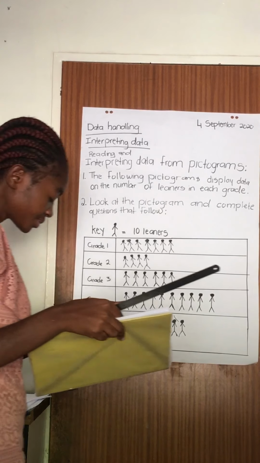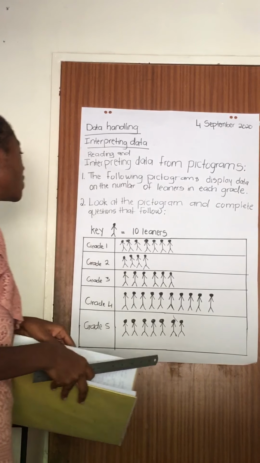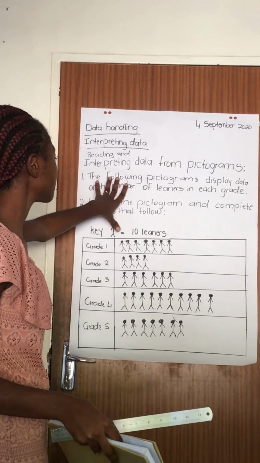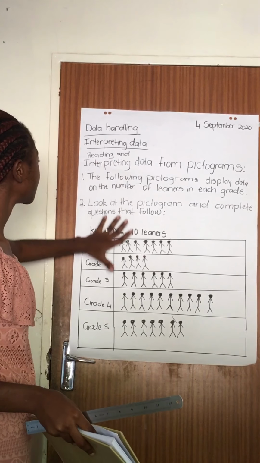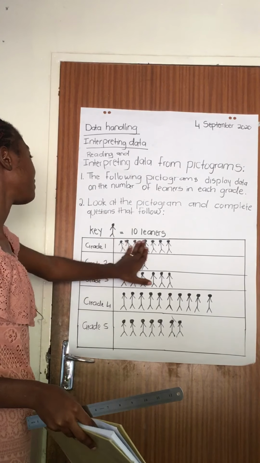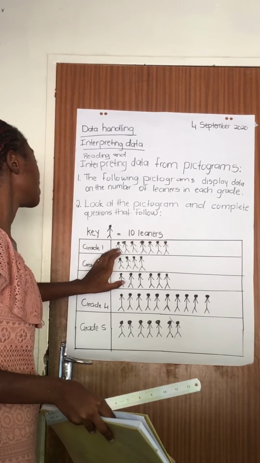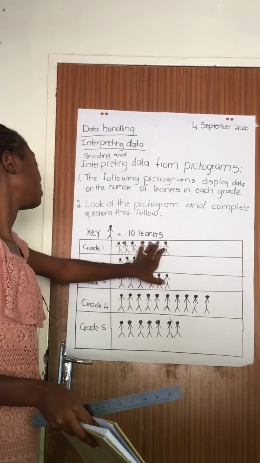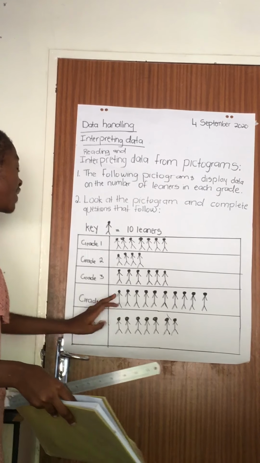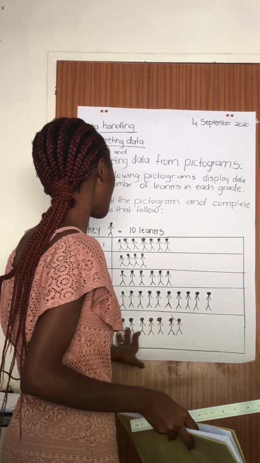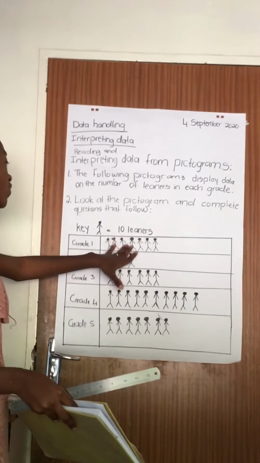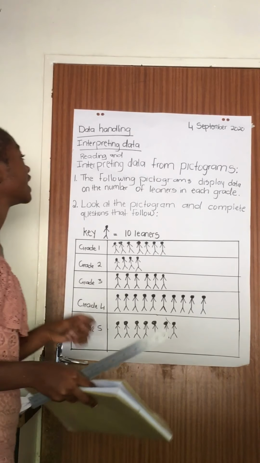So here we are just looking at how to interpret data from the pictogram using pictures. And our key here, you can see one picture represents 10 learners, so each of these pictures represents 10 learners. When you count them, you're not going to count 1, 2, 3, 4, but you're going to count in 10 learners.